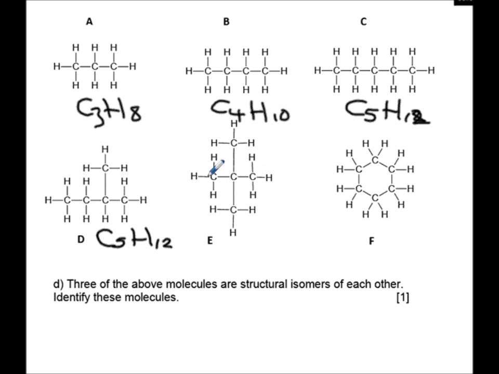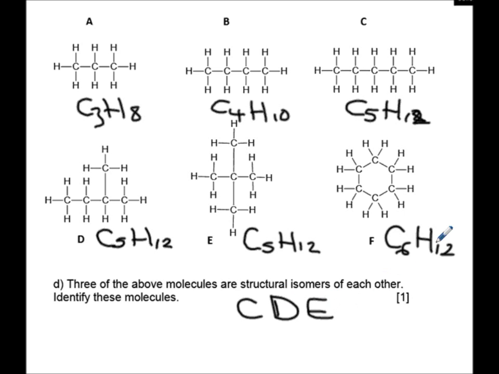Molecule E, 5 carbons, so again is C5H12. And molecule F, as we've said, is C6H12. So from that we can see that the 3 molecules with the same molecular formula are C, D and E, and these all have atoms that are arranged differently. So the 3 structural isomers are molecules C, D and E.